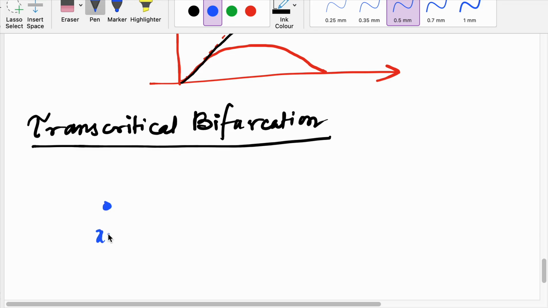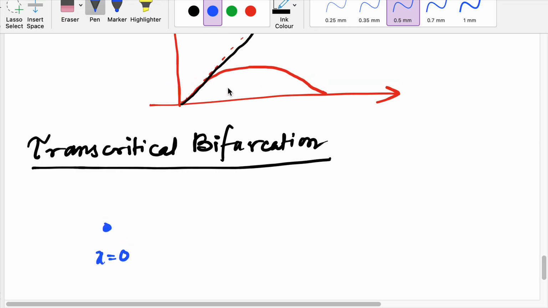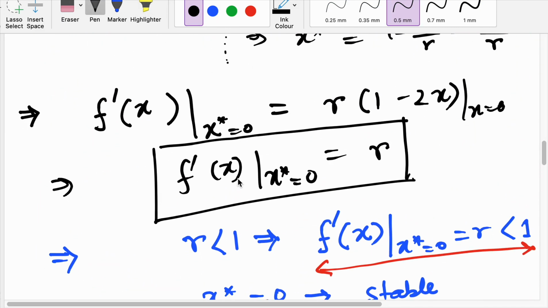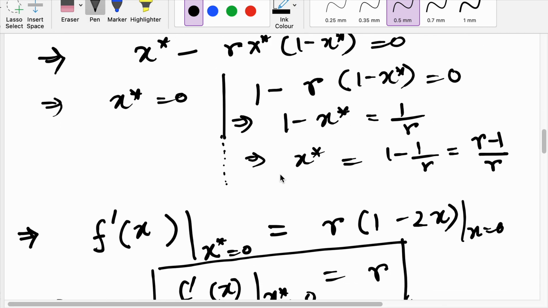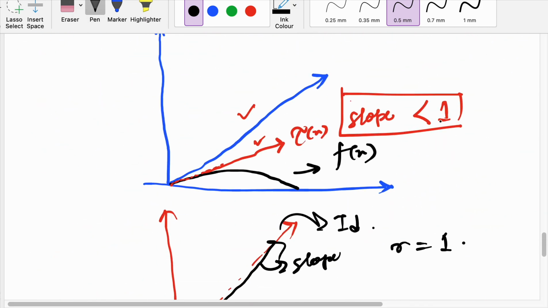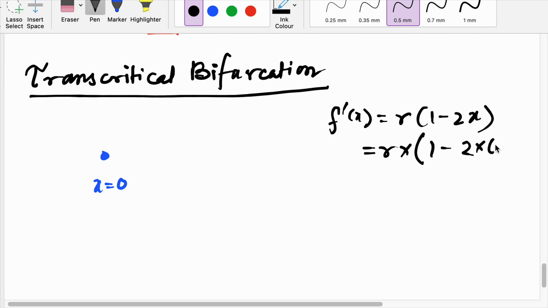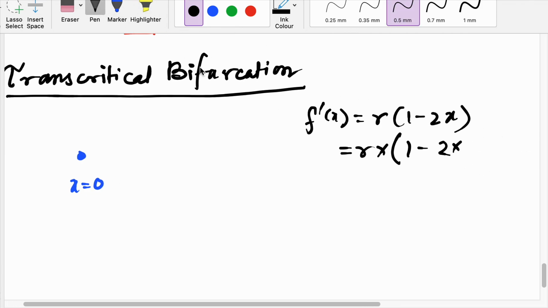One is stable at, suppose, x equal to 0, and let us calculate the stability at x star equal to (r minus 1) by r when r is less than 1. So f prime x is r into (1 minus 2x). So r into (1 minus 2 into (r minus 1) by r).